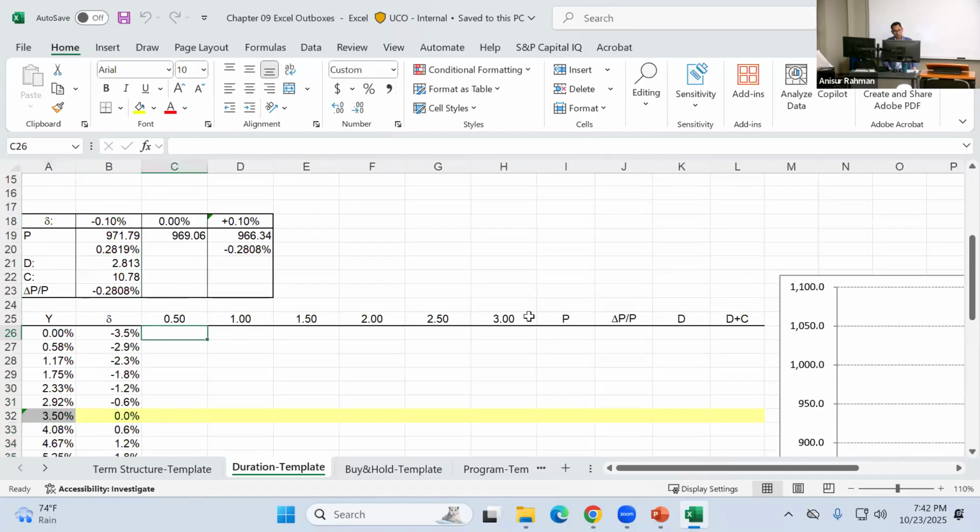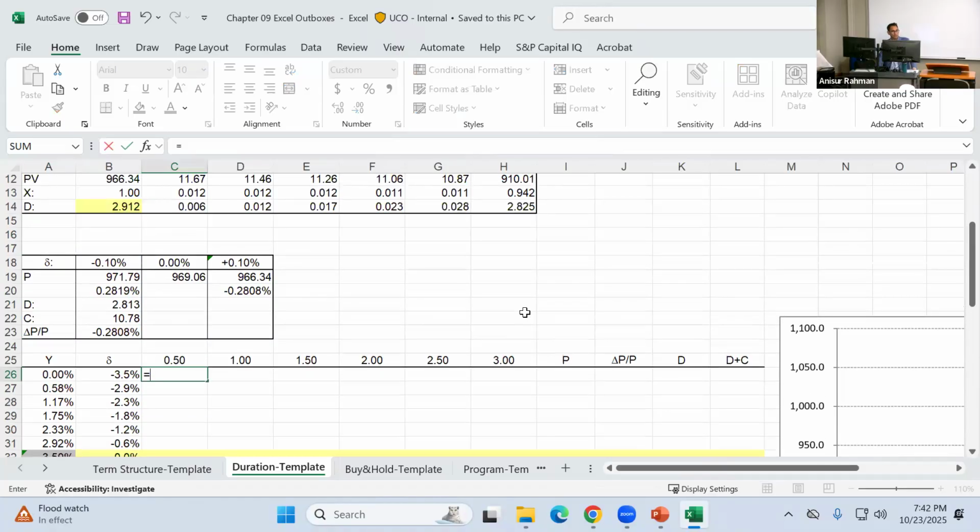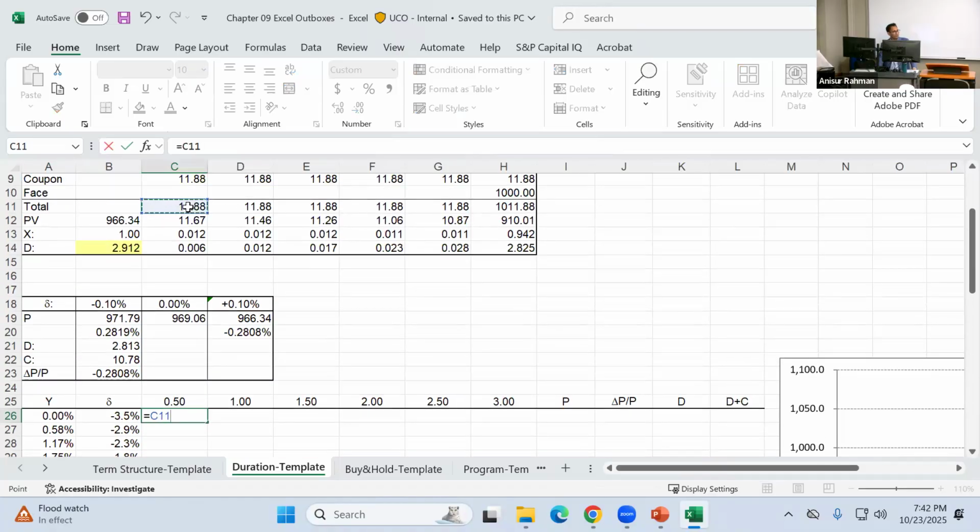Now here, equal to our total cash flow is this, right?